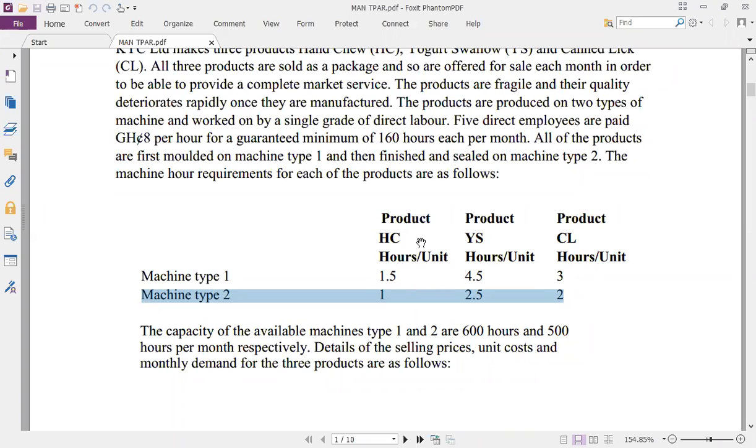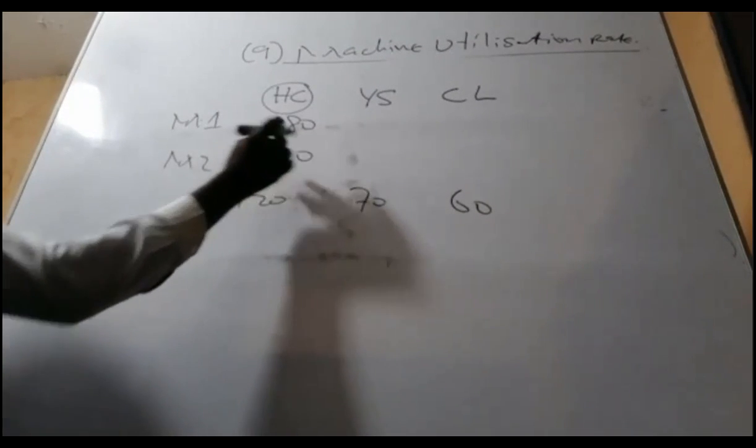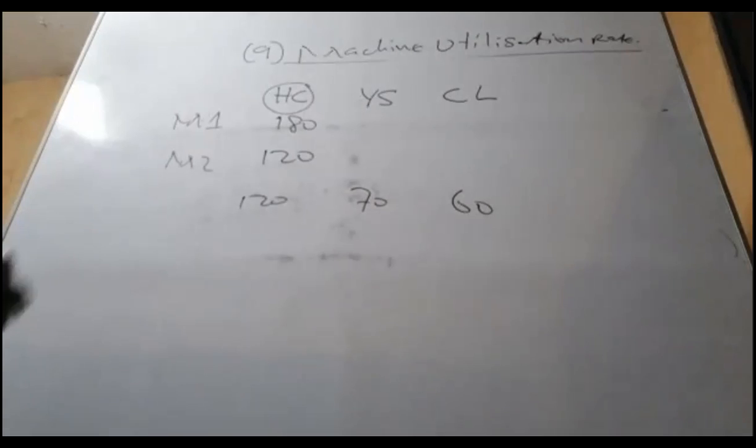Anyhow you do it to get the figures correct, we don't worry much about it. So 1 times 120 will still give us 120 hours. If you get this calculation wrong, it may follow you to the subsequent ones, so try as much as possible to get this calculation correct.